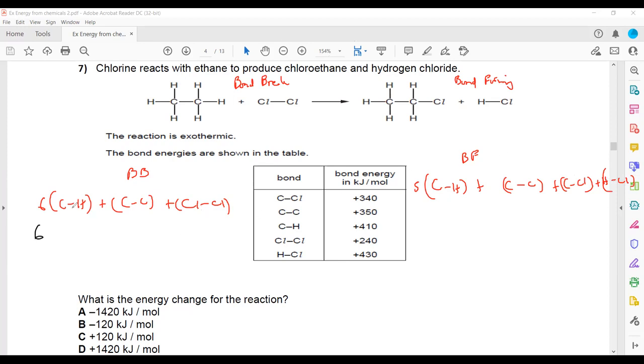So 6 multiplied by the C-H bond, which is 410, plus the C-C bond, 350, plus the Cl-Cl bond, 240. And here, 5 C-H bonds at 410, the C-C bond is 350, the C-Cl bond is 340, and the H-Cl bond is 430.